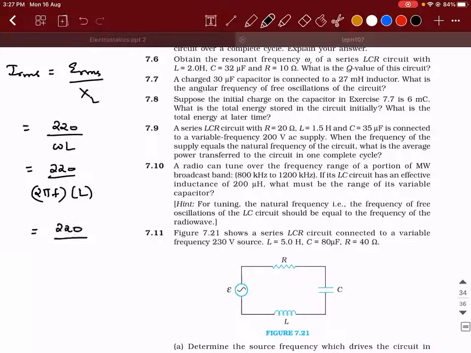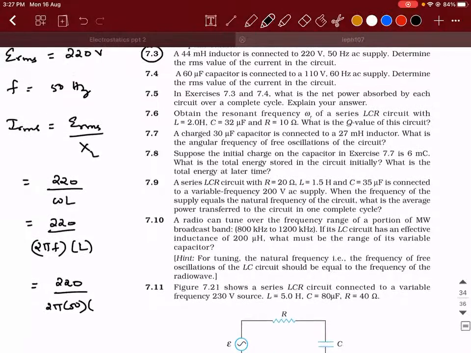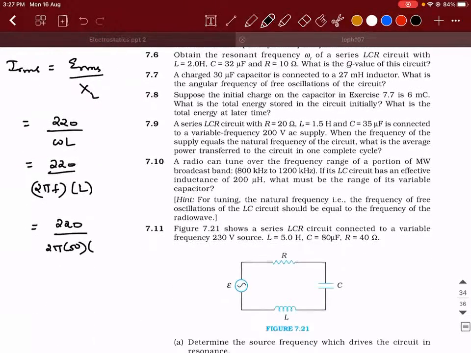So 220 divided by 2 pi into 50 into L, which is 44 into 10 power minus 3. So that is 20 pi into 10 power minus 3. So calculate this value, those many amperes will be the answer.